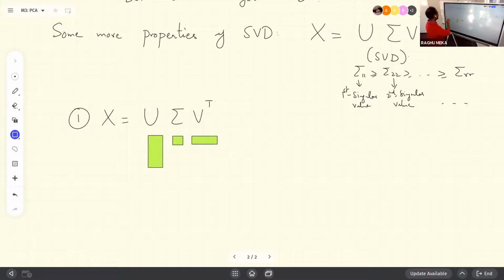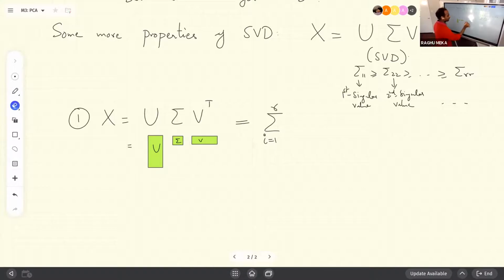So I'm writing the big matrix as a product of these things. And because the middle matrix sigma is a diagonal matrix, it gives you an alternate and presumably simpler way to write down this matrix.